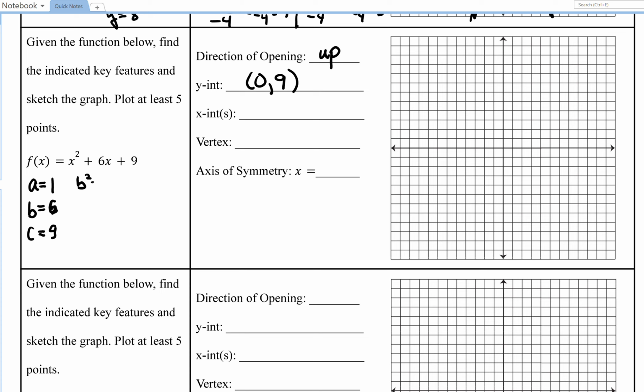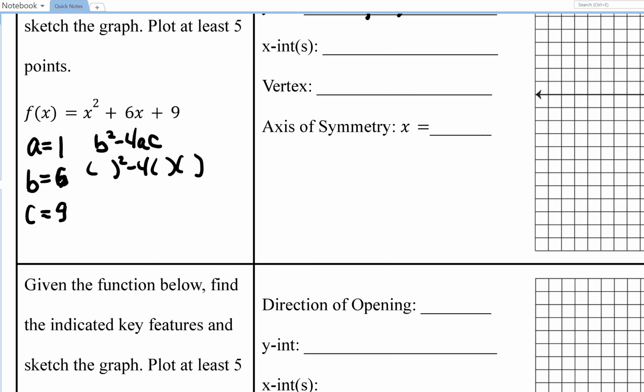My discriminant is b squared minus 4ac. That's blank squared minus 4 blank blank. b is 6, a is 1, and c is 9.